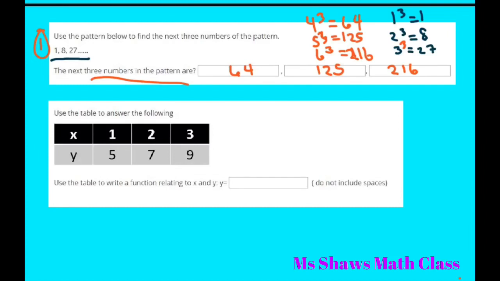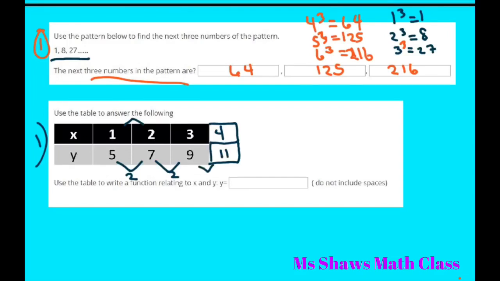All right, the second one says use a table to answer the following. We have x and y, and we're going to see what the differences are here. The differences are 2 and 2. If I made another one, this is going by 1, so this would be 4. What do you think this number would be? That would be 11.